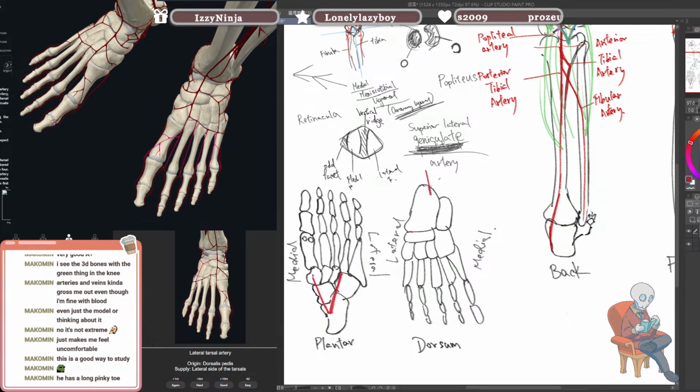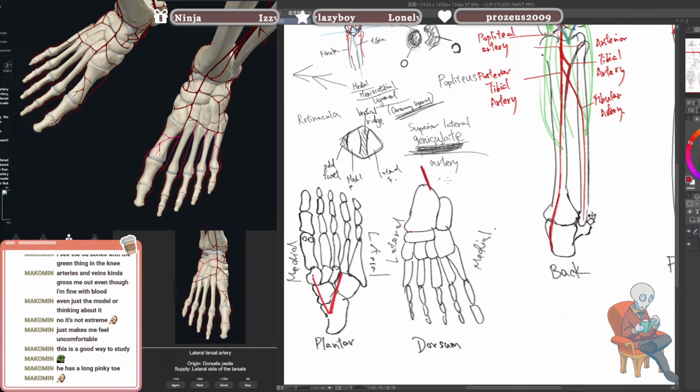Okay. So this coming down here will be the anterior tibial artery, and after that it comes to the middle of the dorsum of the foot, which will be the dorsalis pedis.